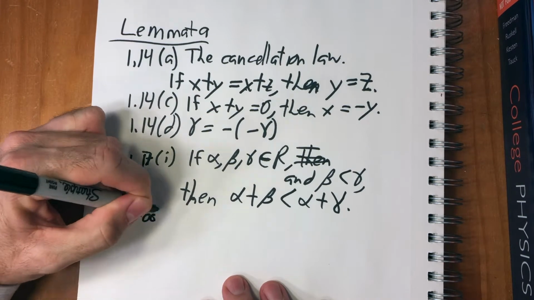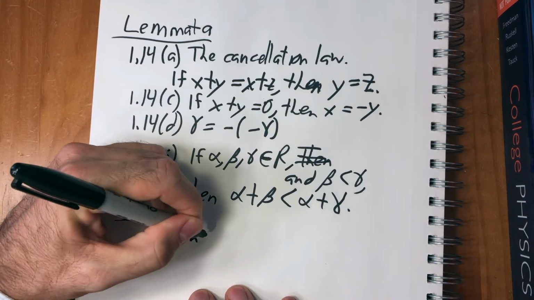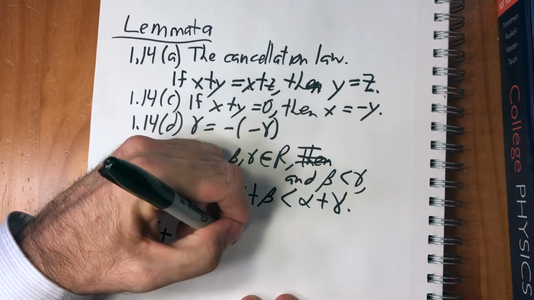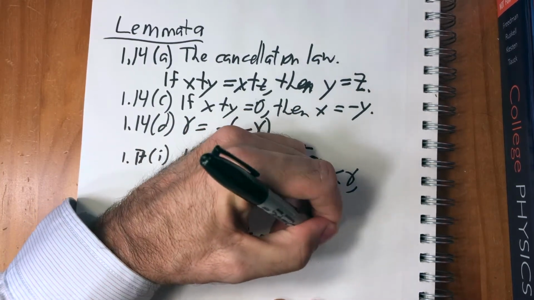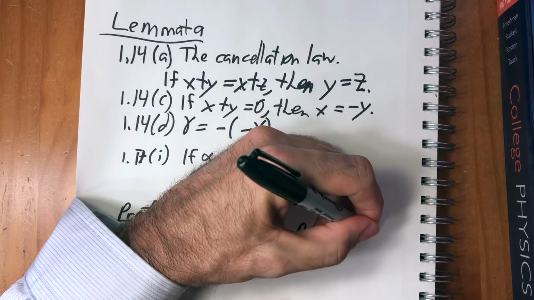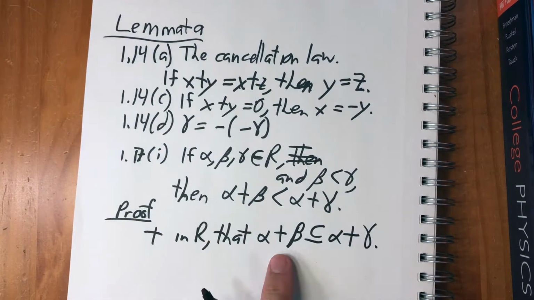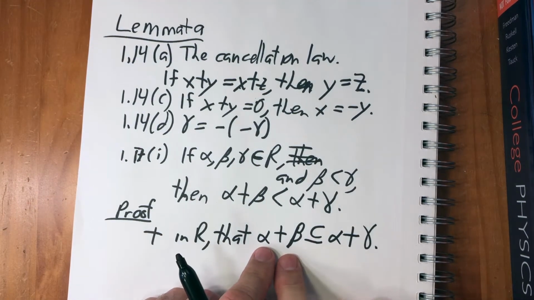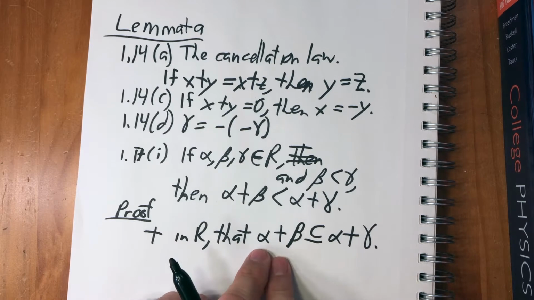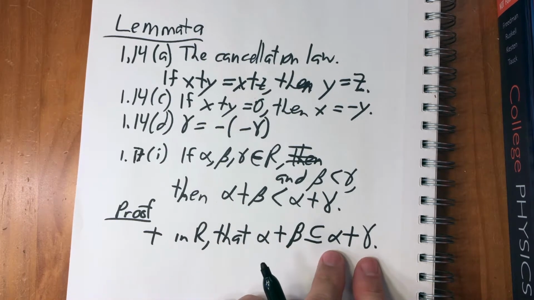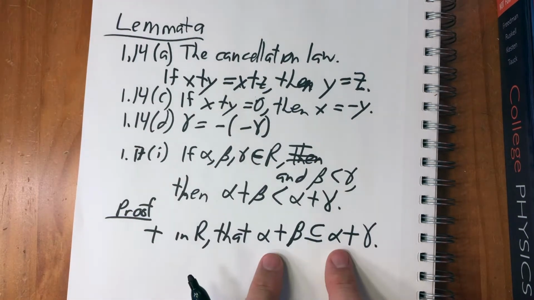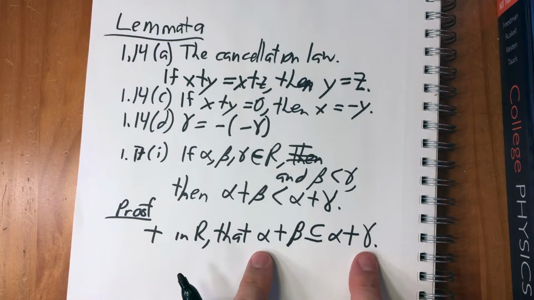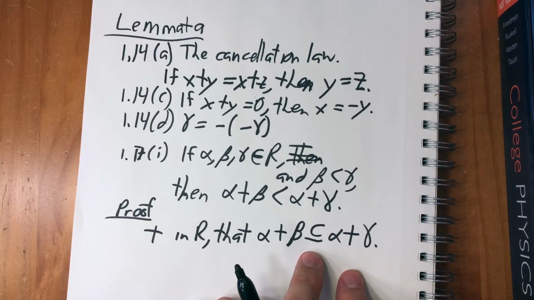So it's obvious from the definition of plus in R that alpha plus beta is a subset of alpha plus gamma. That's just obvious because this is all the elements of alpha plus all the elements of beta. This is all the elements of alpha plus all the elements of gamma. And we're given that beta is less than gamma and alpha is the same. So these have to either be the same or less than.